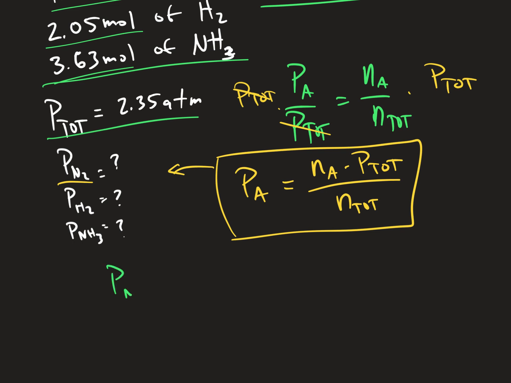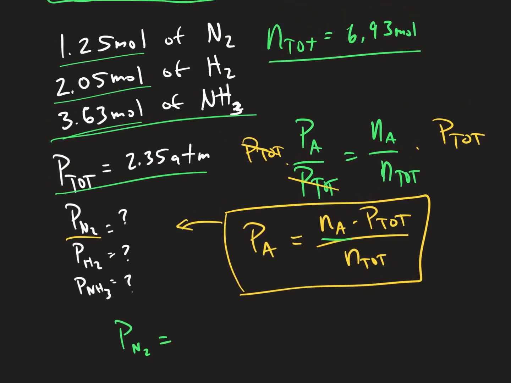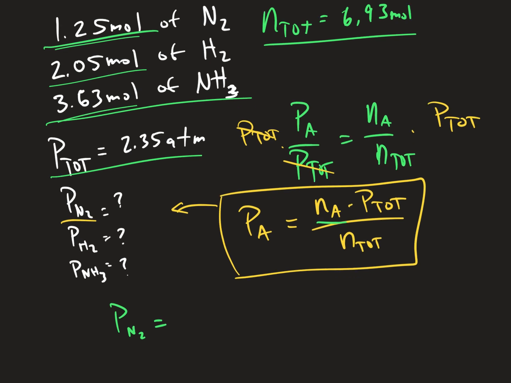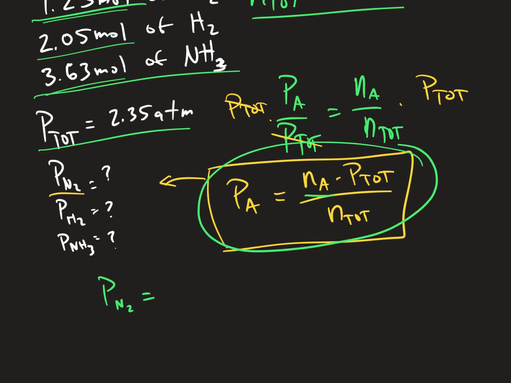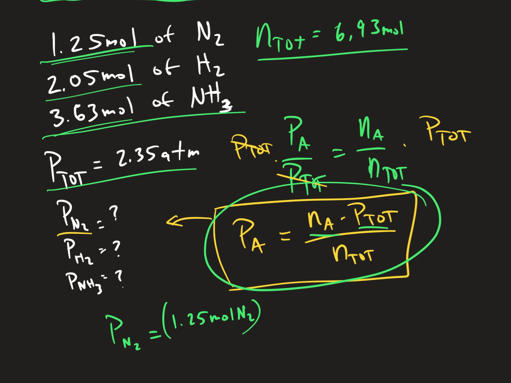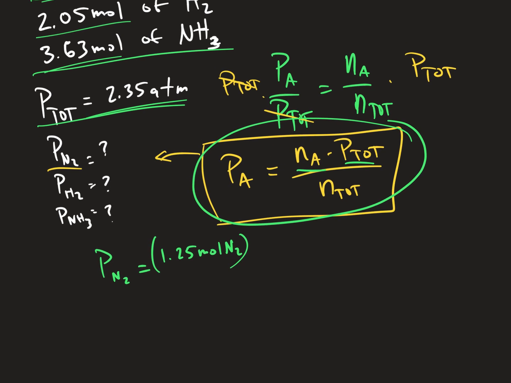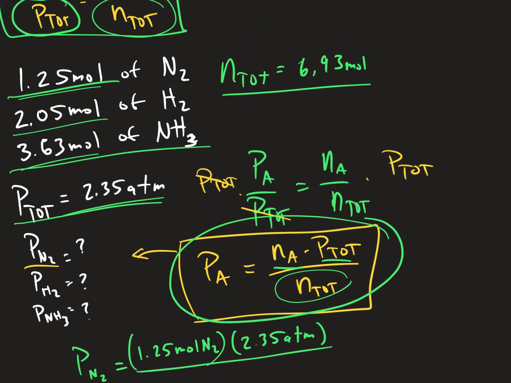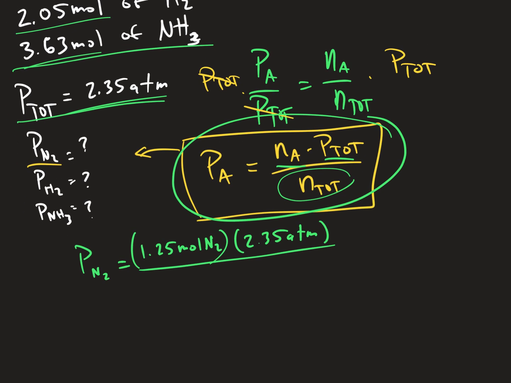Partial pressure of nitrogen gas is equal to the number of moles of nitrogen gas, so let's just plug in the value here, 1.25 moles of nitrogen gas, multiplied by the total pressure, which is 2.35 ATM, divided by the total number of moles, which we calculated to be 6.93 moles.